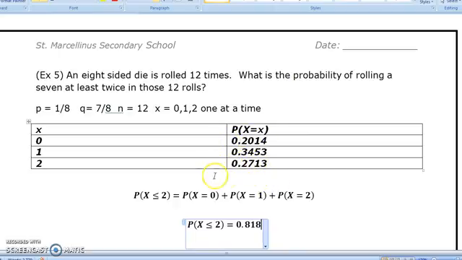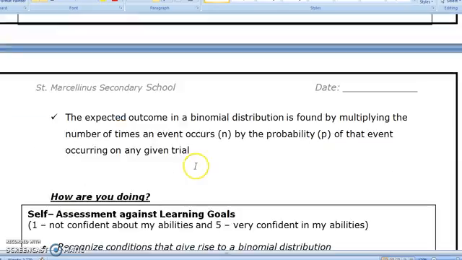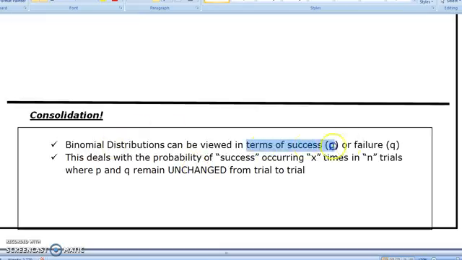Okay, so this has been the lesson on the binomial distribution. You are to use this distribution when you have met these two conditions. If you can define the event as success or failure, P and Q, everything that is not a success is a failure. Everything that is not a failure is a success. If we have more than these two options, this formula does not work.